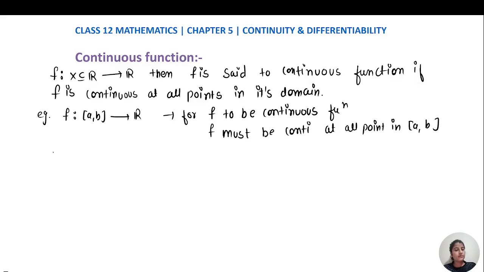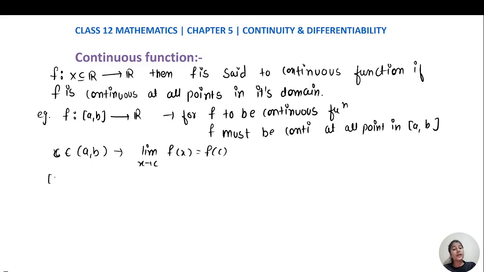Now if I have a point c in the open interval (a, b), it is easy to check whether the function is continuous. The definition is: limit as x tends to c of f of x equals f of c. If this holds, then the function is continuous at that point.